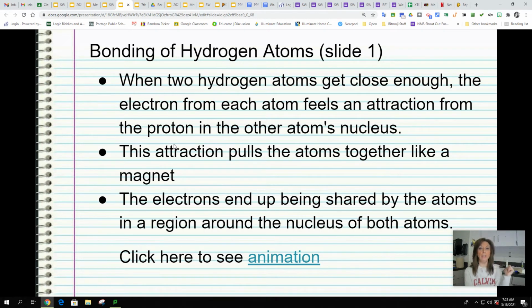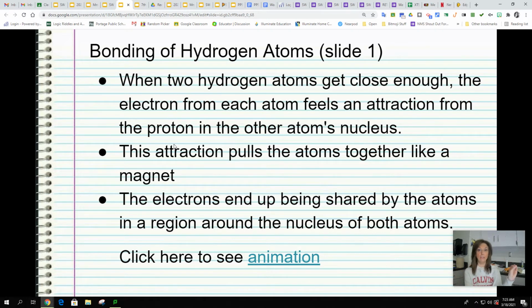So bonding of hydrogen atoms: when 2 hydrogen atoms get close enough, so this would be your hydrogen gas, the electron, remember that has a negative charge, from each atom feels an attraction, quite like a magnet, from the proton. Remember, protons have positive charges in the other atom's nucleus.